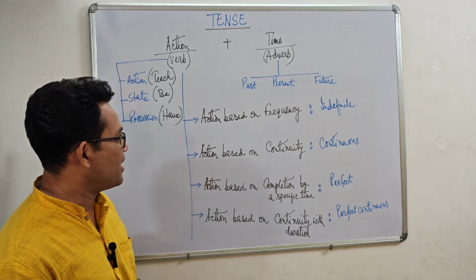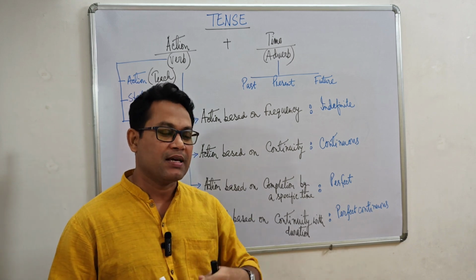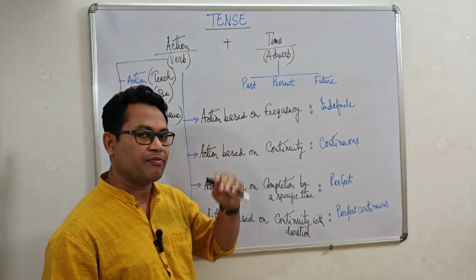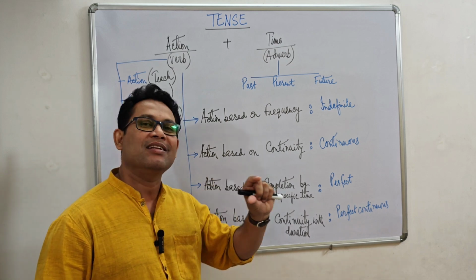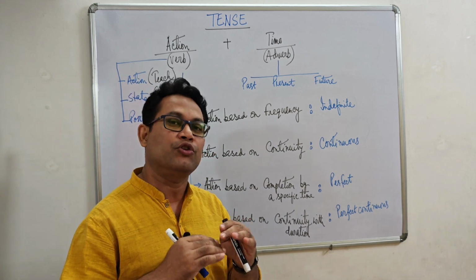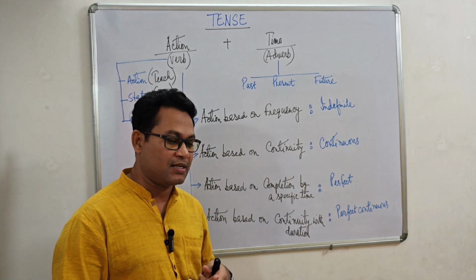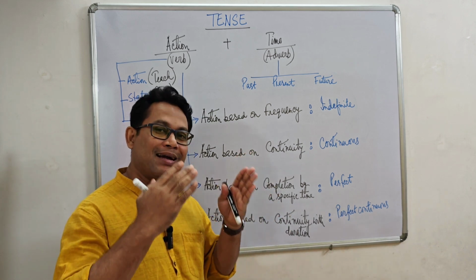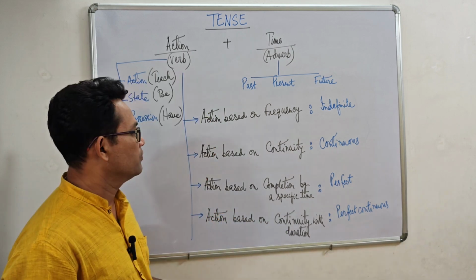Whenever we write or speak a sentence in indefinite tense, be it past, present or future, we have to bring in automatically certain frequency adverbs. Now we can opt them out, we can drop them, that's fine, but we have to remember that those adverbs are there automatically. Otherwise, the complete sense or the meaning of the verb will not be expressed properly.